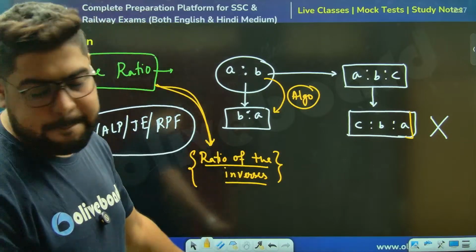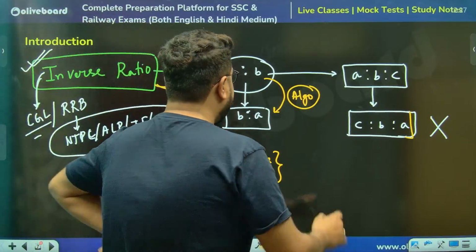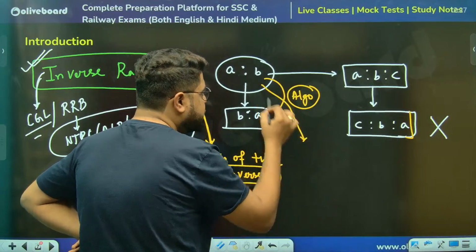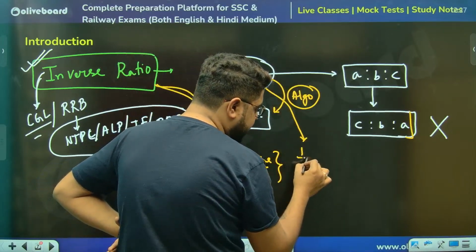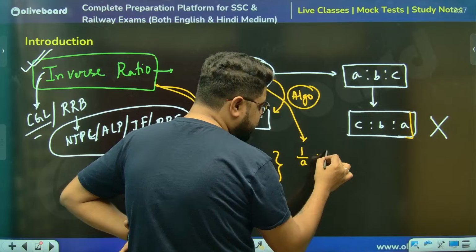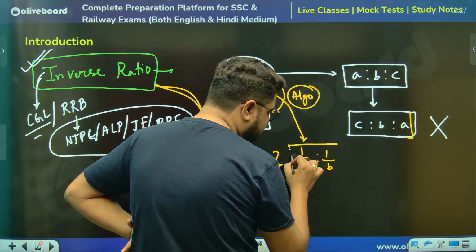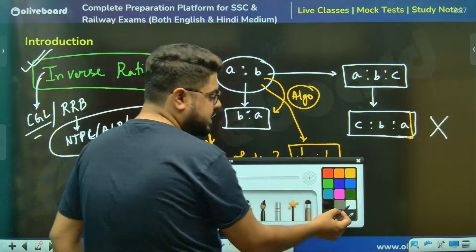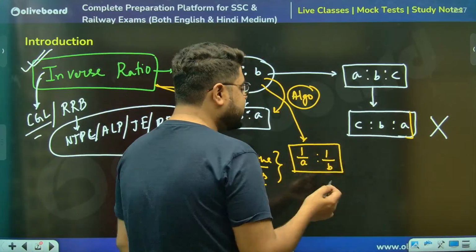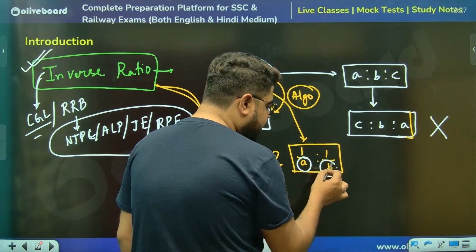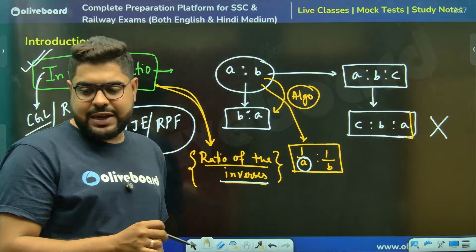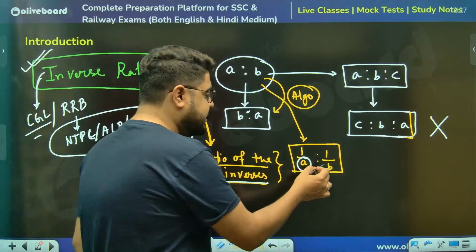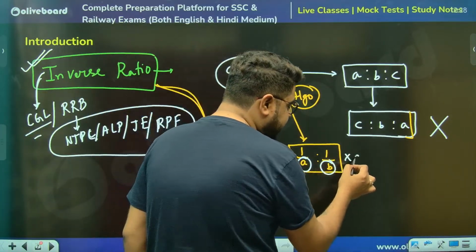So meaning, the inverse ratio of A ratio B is inverse of A ratio inverse of B. Now how to deal with this? Whenever you have a situation like this, take the LCM of these denominators and multiply with that LCM.